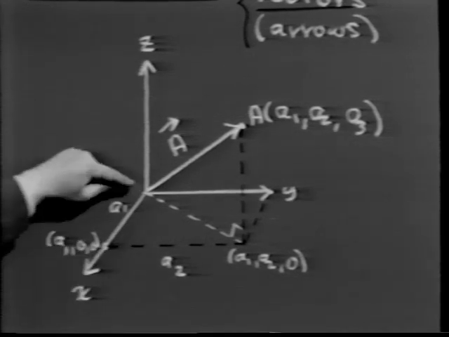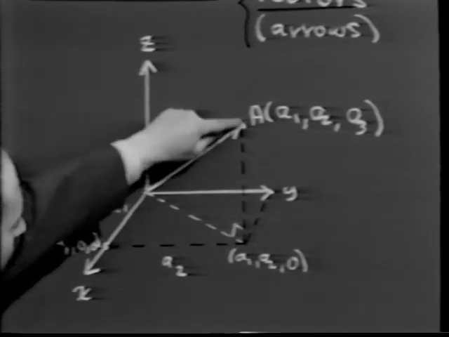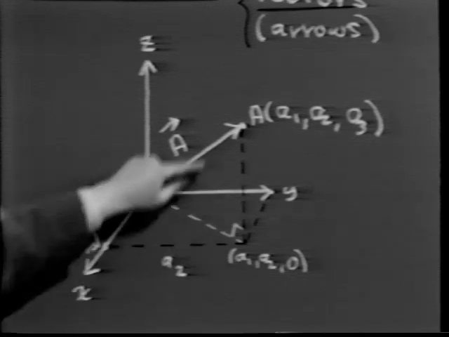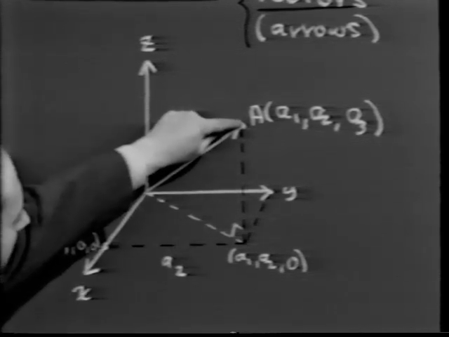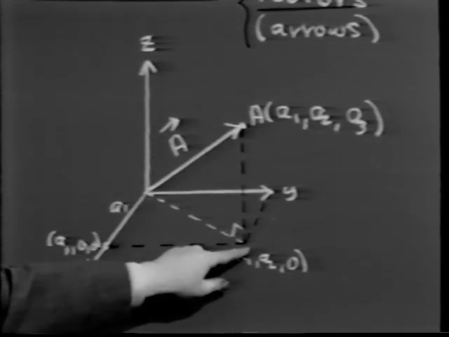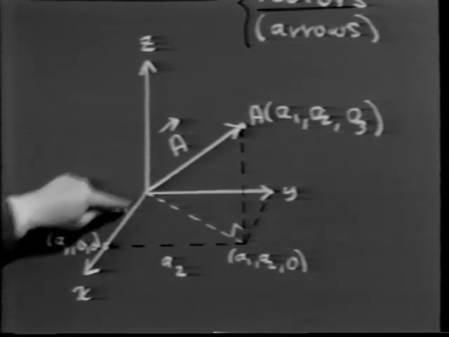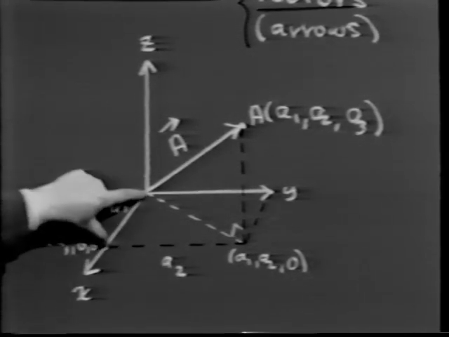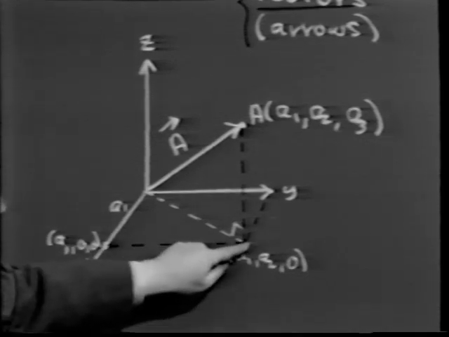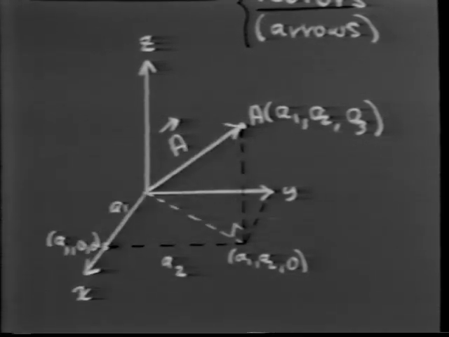To see this pictorially, notice the three-dimensional effect of the vector A. If we drop a perpendicular from the head of A to the xy plane, then this distance is A1, this distance is A2, and this height is A3.